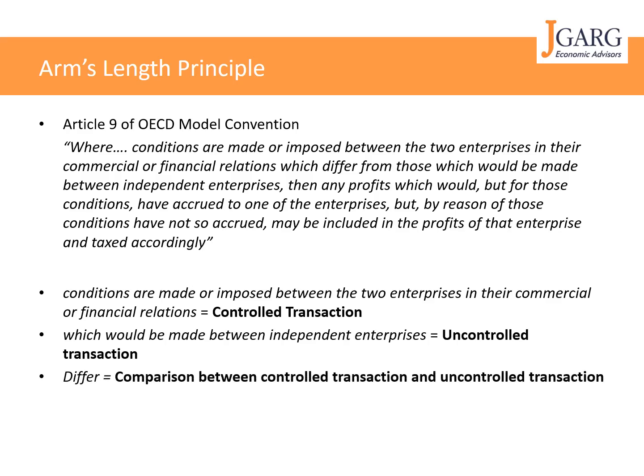And when they are using the word differ, they are referring to comparison between controlled transaction and uncontrolled transaction. So controlled transaction needs to be compared with uncontrolled transaction. And if there is any difference, one will adopt uncontrolled transaction to compute the price or incomes in the controlled transaction.